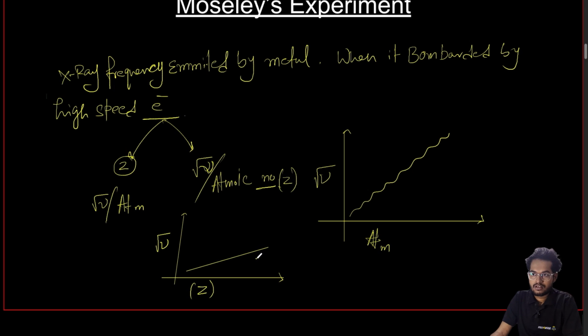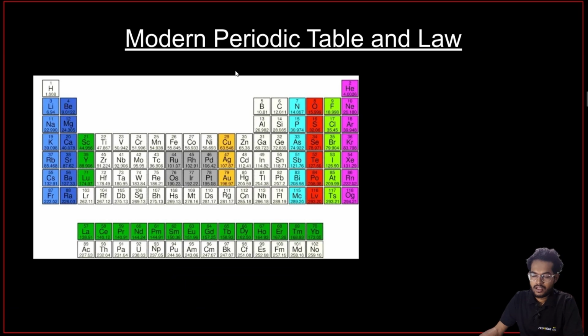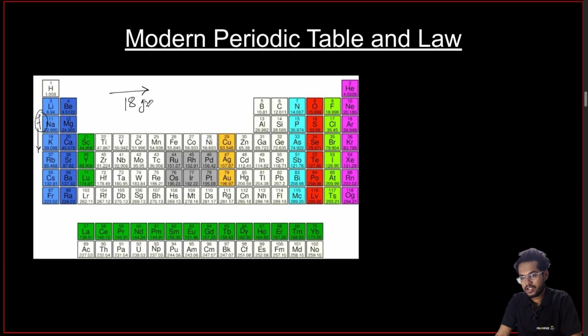With the help of this we made the modern periodic table, and now I will tell you how the modern periodic table actually is. This is the modern periodic table. You have already seen this. It has 18 groups and 7 periods, like 18 columns and 7 rows.